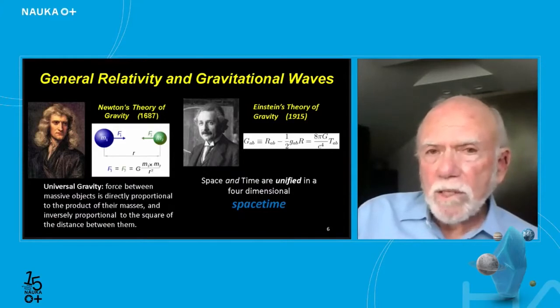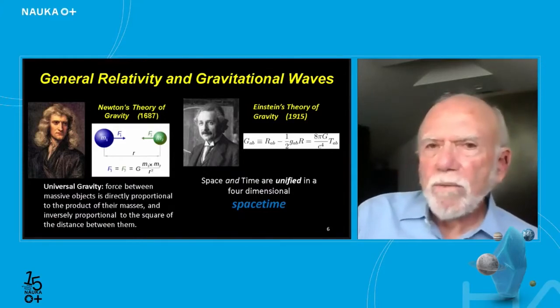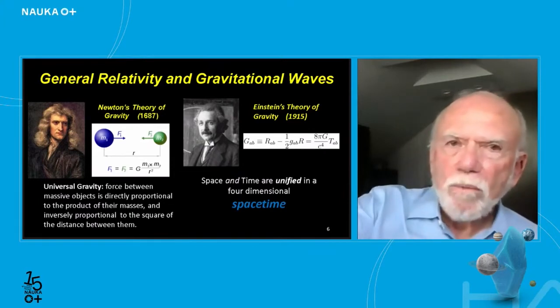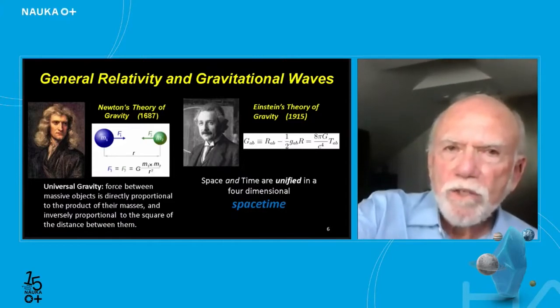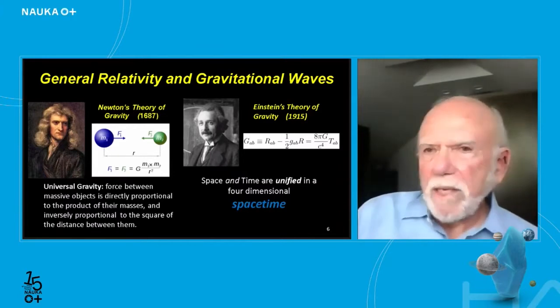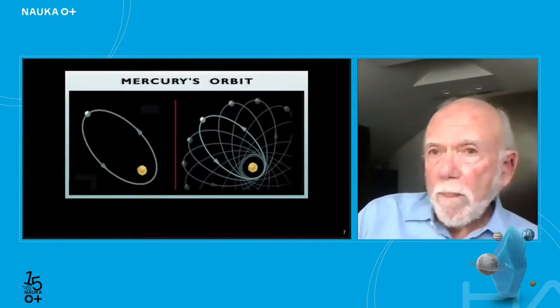It's based on space and time being unified into a four-dimensional space-time. This is basically the way he viewed how nature really works, and that gravity itself distorts the space and time around it, and that's how it works.